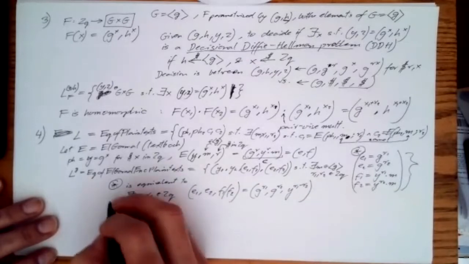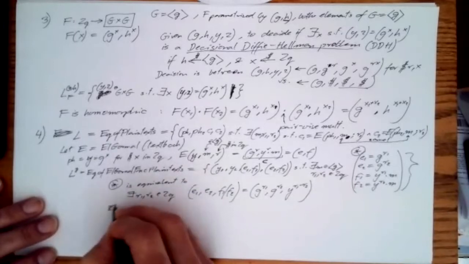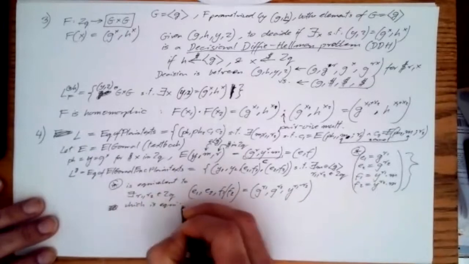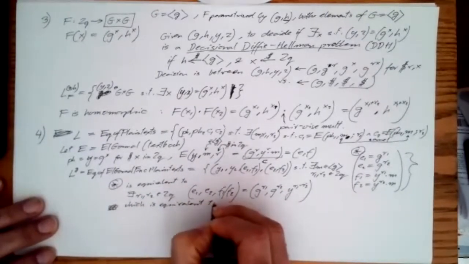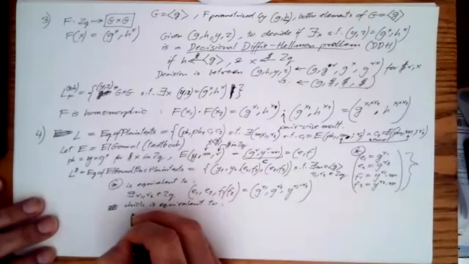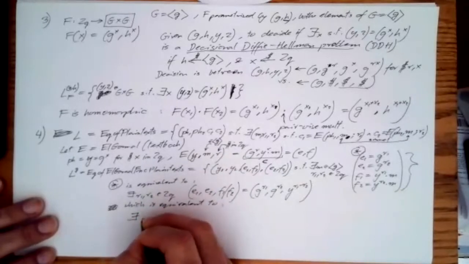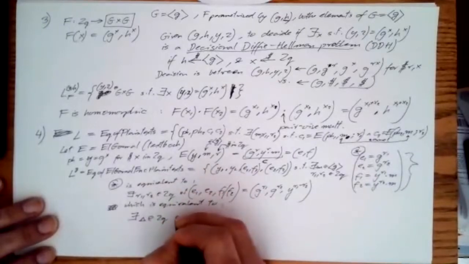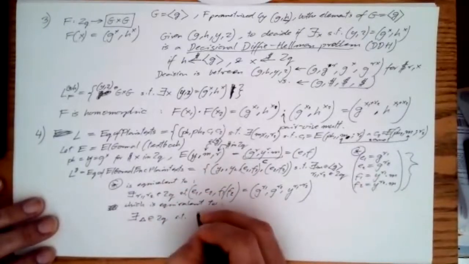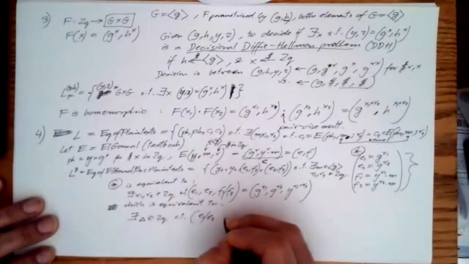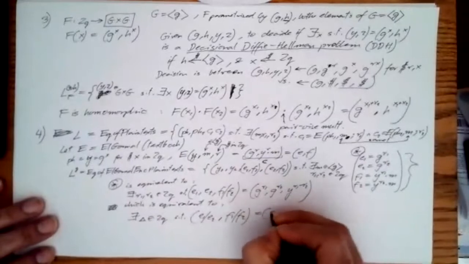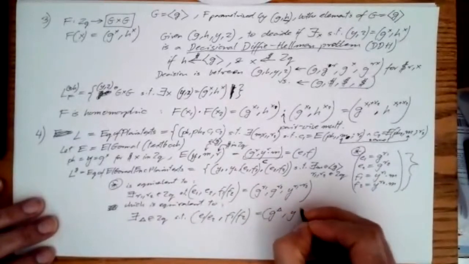In fact, this is equivalent to the existence of some value delta in Zq, such that e1 divided by e2 and f1 divided by f2 are equal to g to the delta, y to the delta.